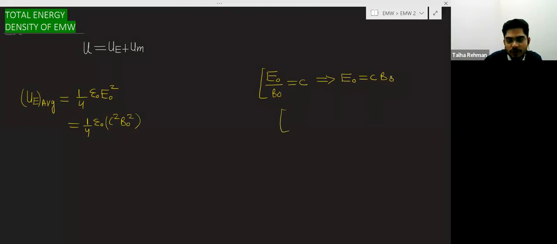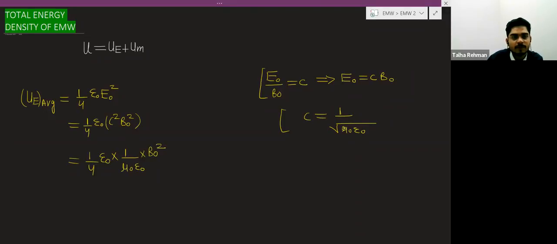Now I have told you one more formula. Speed of the light in vacuum is given by 1 upon under root mu naught into epsilon naught. So C square will become 1 upon mu naught into epsilon naught, the under root is removed, multiplied by B naught square.